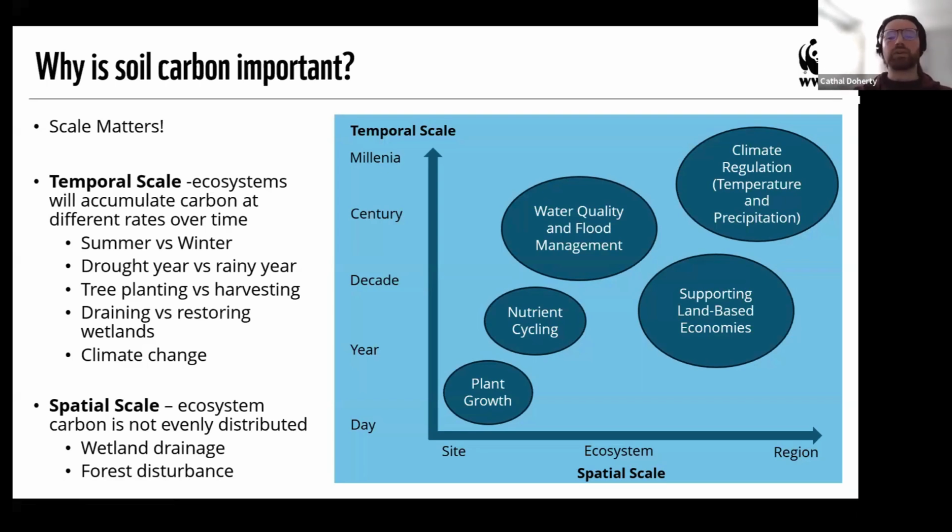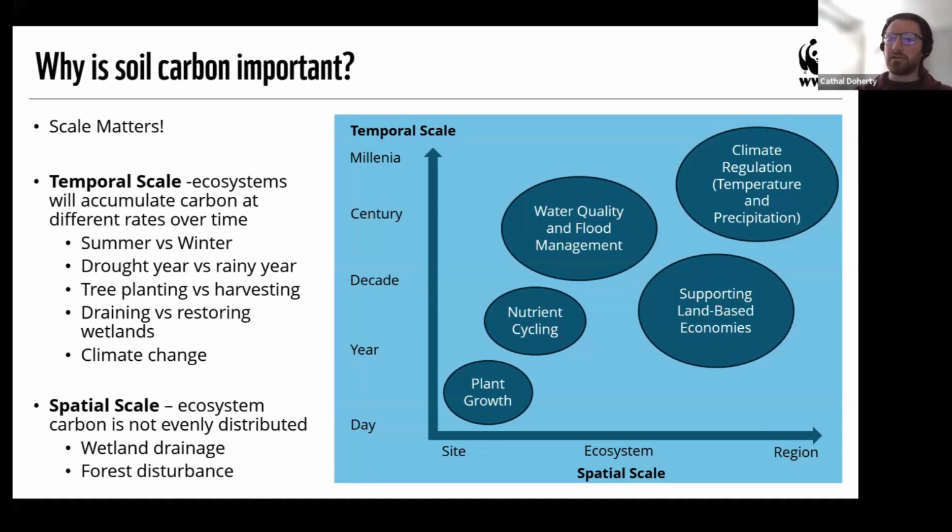In the summer, photosynthesis is going to be very active and the ecosystem will accumulate a lot of carbon, versus the winter time where it's less active. You can think on a decadal time scale where you have your rainy years and your dry years, your cold and your hot years. And you can also think of it as the ecosystem's response to different actions. This can be anthropogenic actions like tree planting, or it can also be natural disturbances. So these all act on different timescales.